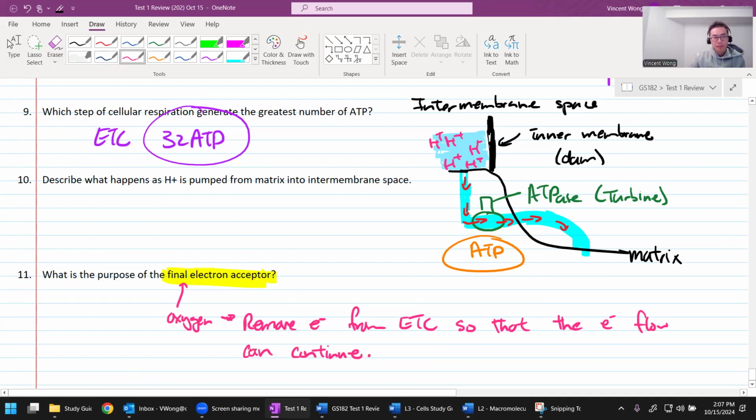And remember, if the electrons are not flowing down the ETC, we are not creating the H plus reservoir. Without that, we cannot create ATP.